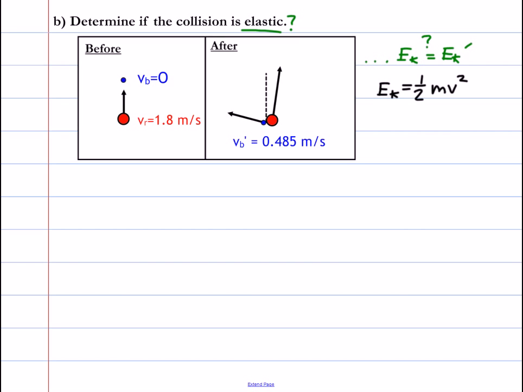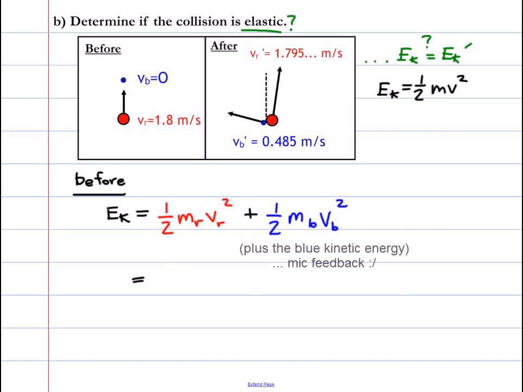We were given the blue and the red ball speed before the collision. We found the red ball speed after the collision, and we were given the blue ball speed after the collision in the question. So before the collision, the total kinetic energy is the red plus the blue energy.